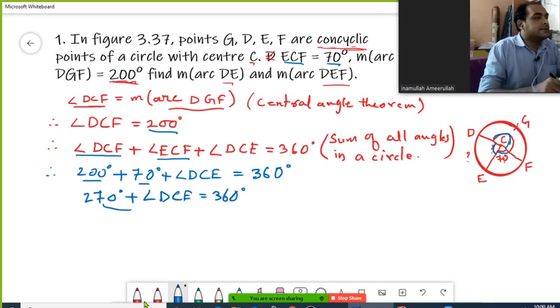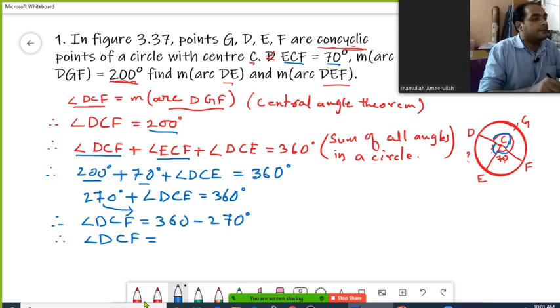You can send this 270 to the right hand side. So angle DCE is 360 minus 270. 0 minus 0, and then 16 minus 7, 9.